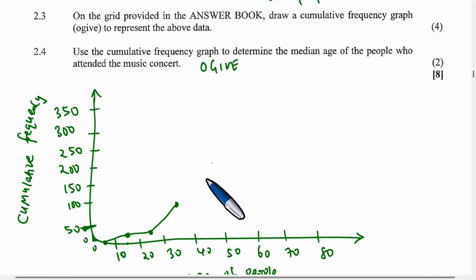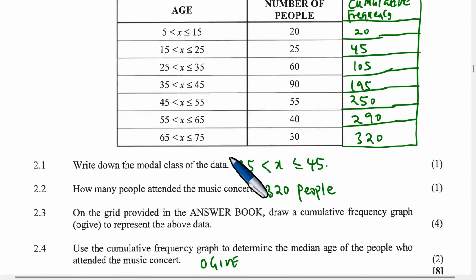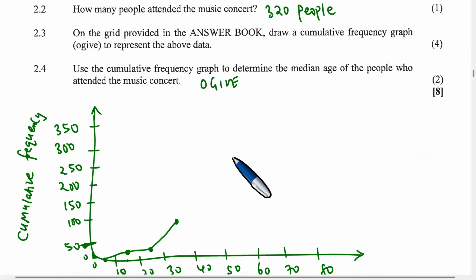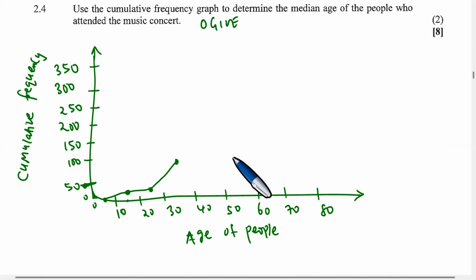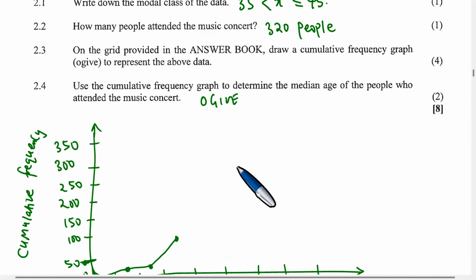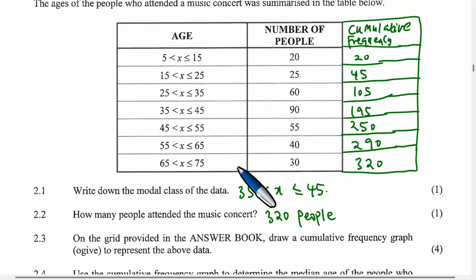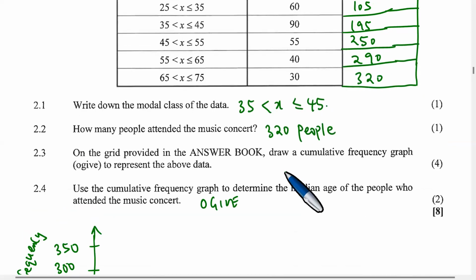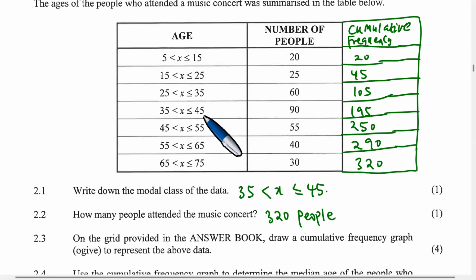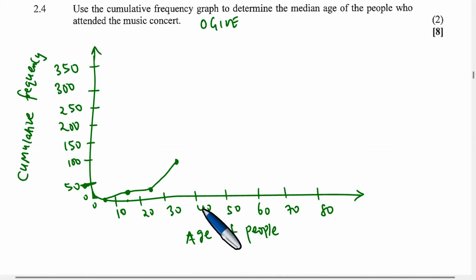And then now you have the next one. We have taken 35, and then we're taking 45 with 195. So we have 45, which is here, is 195.